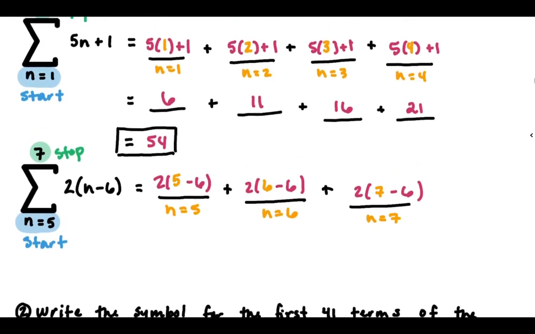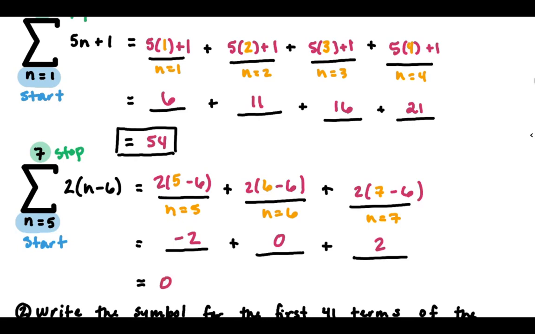Now we're going to simplify each of those. 5 minus 6 is negative 1, times 2 is negative 2. 6 minus 6 is 0, times 2 is 0. And then 7 minus 6 is 1, times 2 is 2. So I'm adding up negative 2 plus 0 plus positive 2, and you should get altogether 0.